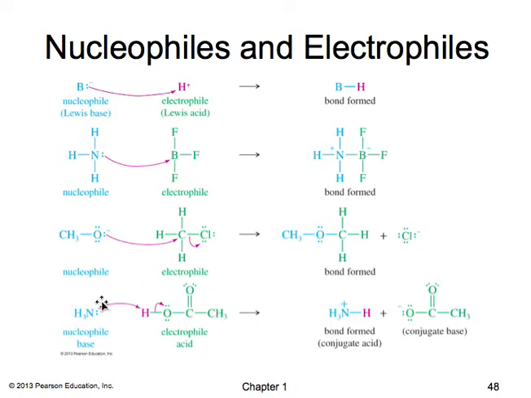Here's another way to look at nucleophiles and electrophiles. Here's ammonia. The electrons from the ammonia go and take that proton, forming a bond. Now that proton needs to cut its bond with the oxygen, so those electrons from that bond now go to the oxygen, making the conjugate base, forming this new conjugate acid.